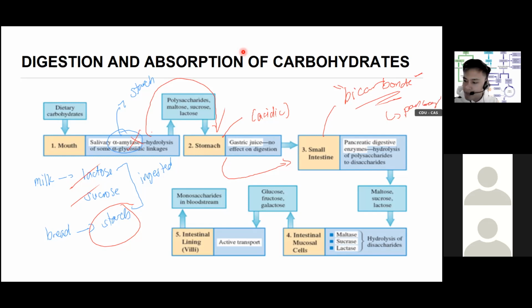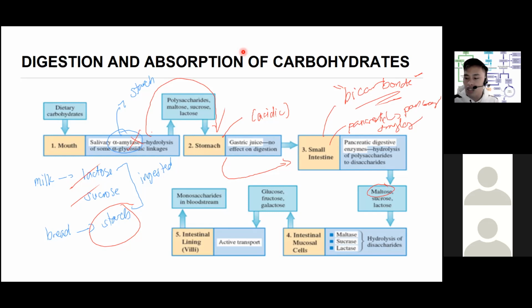At the same time, in the small intestine, there is also the release of pancreatic amylase. Therefore, the digestion of carbohydrate continues until all starch is converted to maltose.